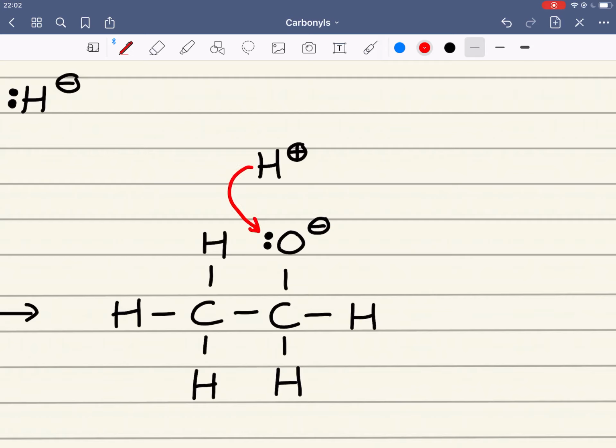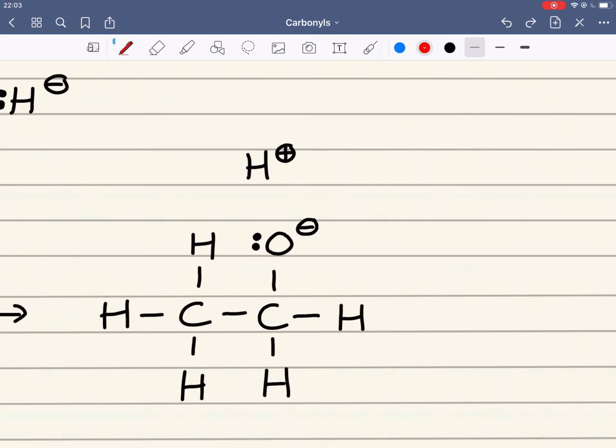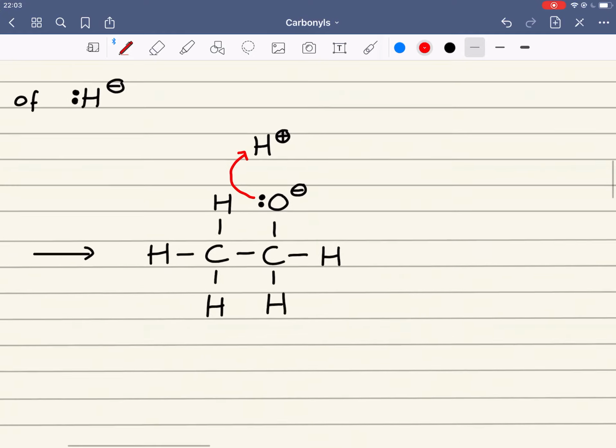That cannot be true because this hydrogen ion doesn't have any electrons. So the base of an arrow can't start from something that's got no electrons. So the base of the arrow starts from the lone pair and it goes towards this hydrogen ion.